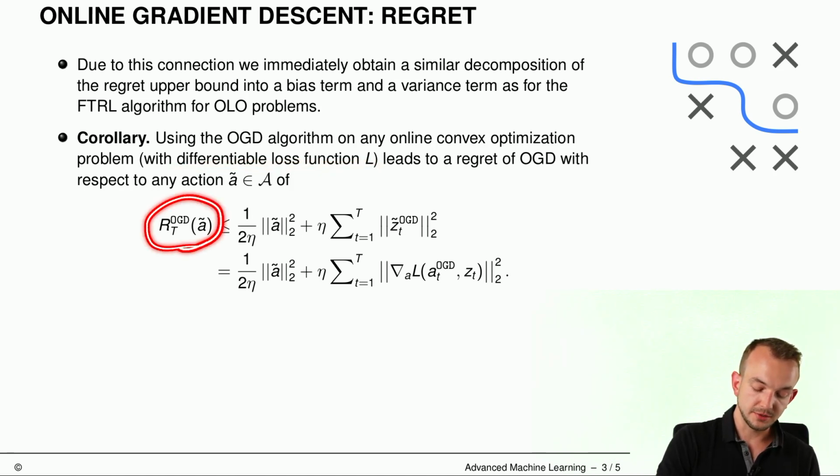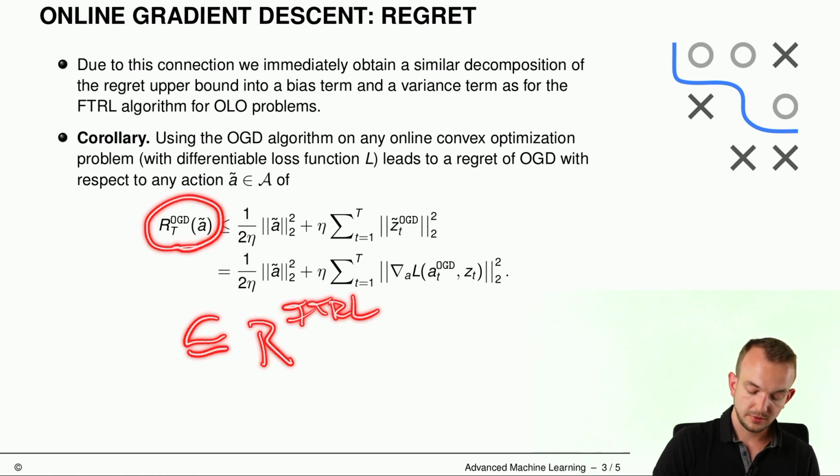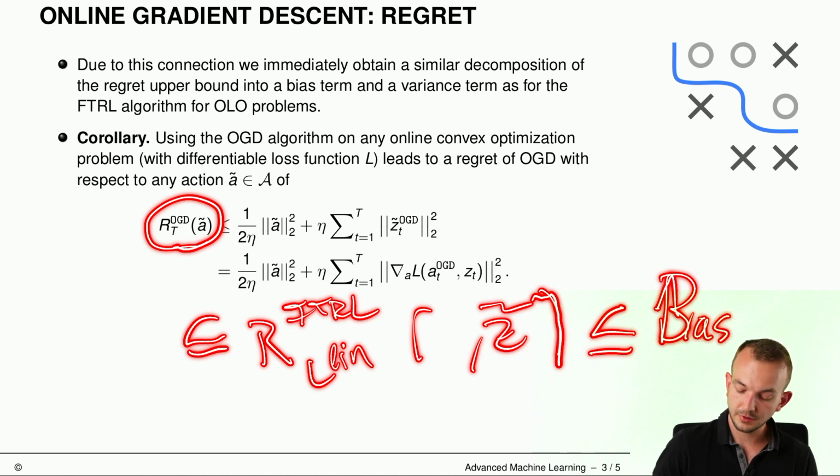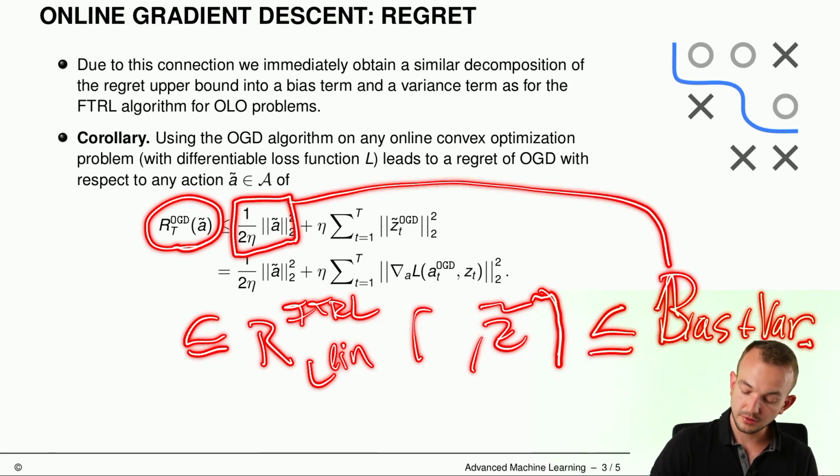And we know this here is what we saw before, bounded by this here with the z tildes, but this in fact we have seen is bounded by a bias term plus a variance term. And well, the bias term is the one we had before. There's nothing different here. It's specified by the competing action A tilde, or rather its Euclidean length.